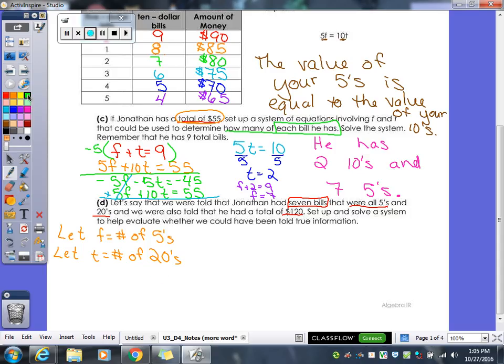So now we need to create our 2 equations. He first has a total of 7 bills. So what would that equation look like? Our 5s plus our 20s equals 7. F plus t equals 7.